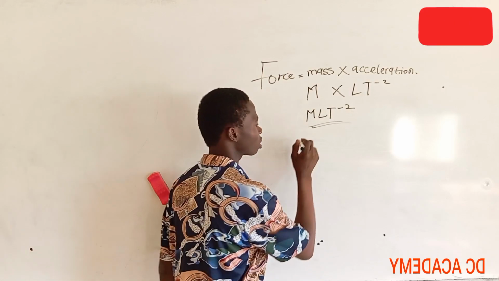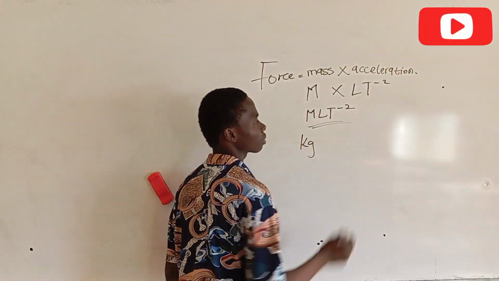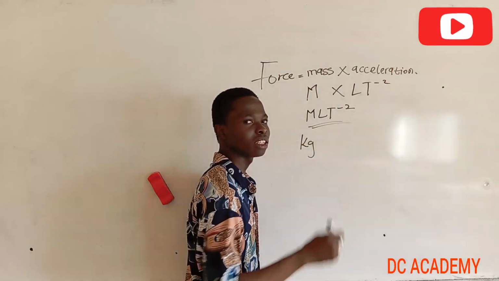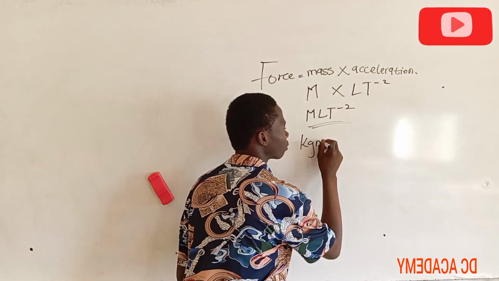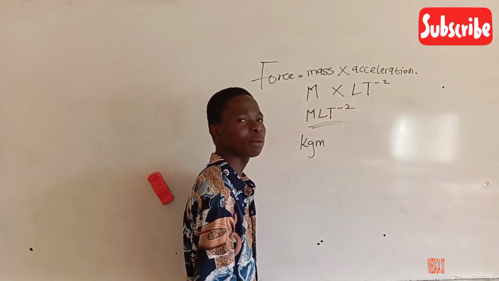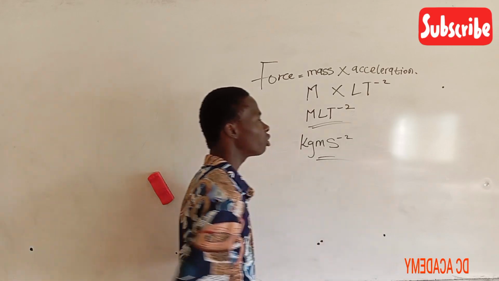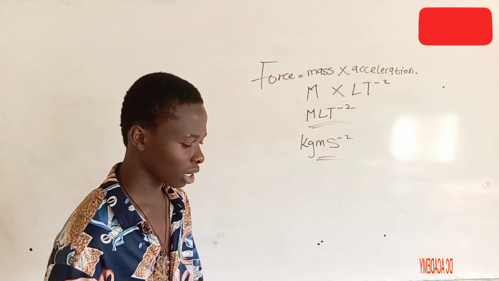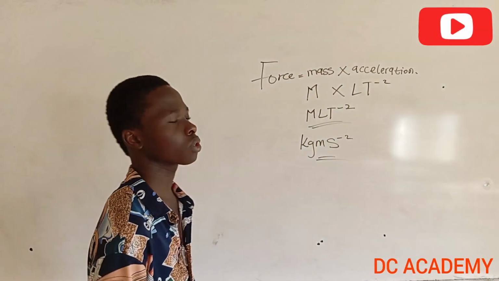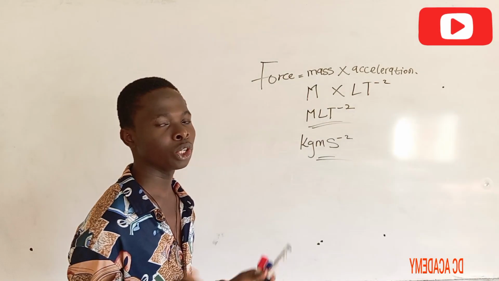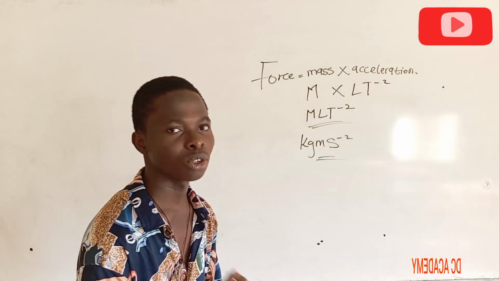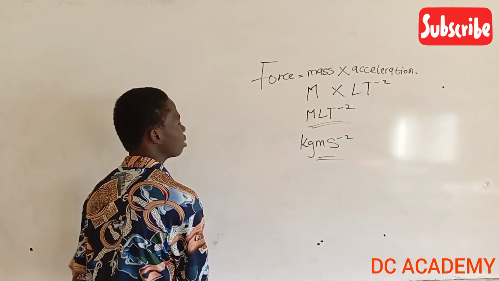Unit of mass is what? Kilogram. L is length. Unit of length is what? Meter. T is time. Unit of time is what? Seconds. So we have kilogram meter per second squared. That's the unit of what? Force. Do you get it now? So that's just it. Now, the second way.